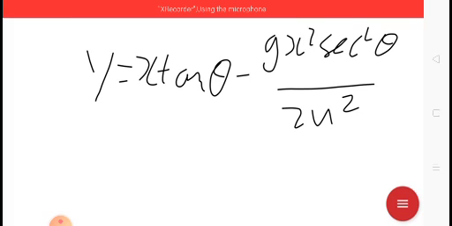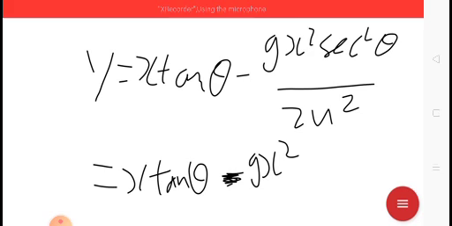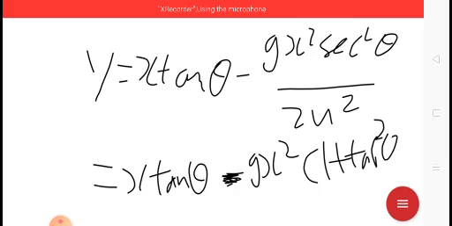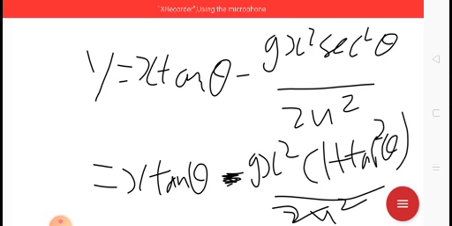In some situations the equation may be changed to tangent only. If you change to tangent only, you just use the identity: g x squared times 1 plus tangent squared theta over 2u squared. Right, so this is the equation for the path of a projectile.